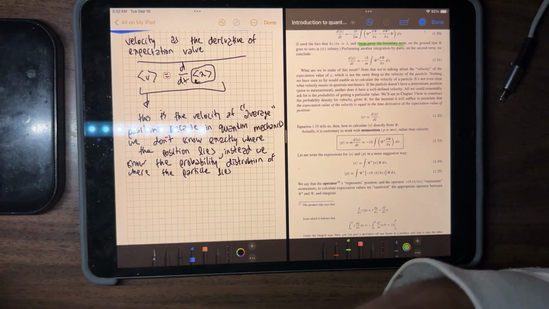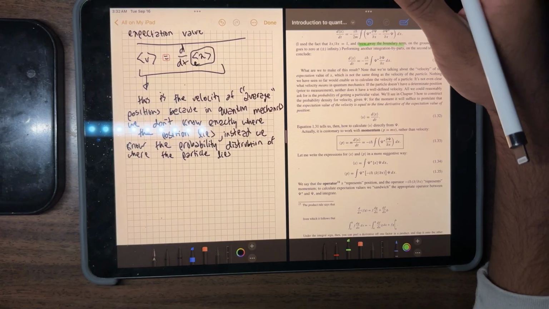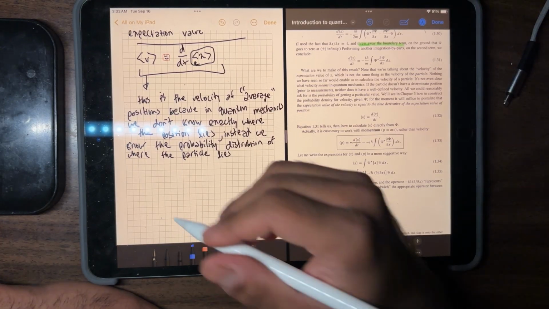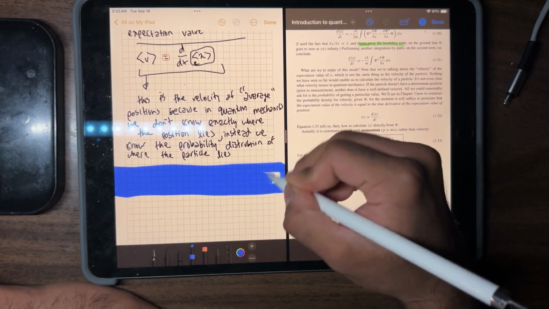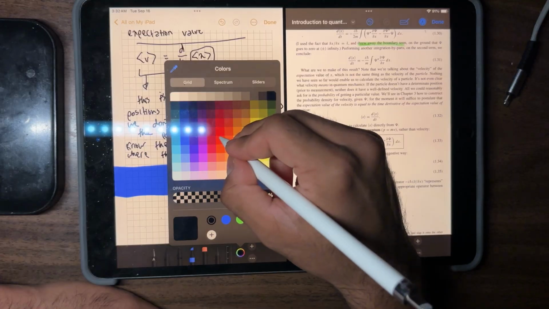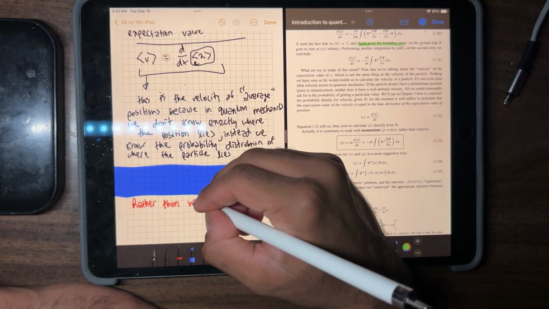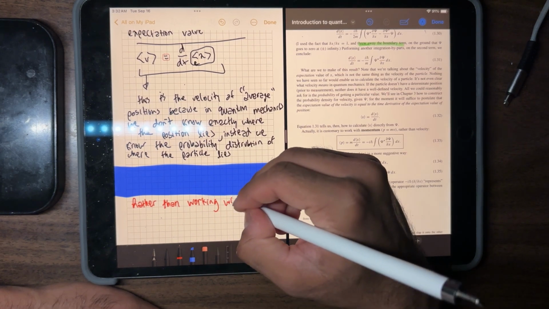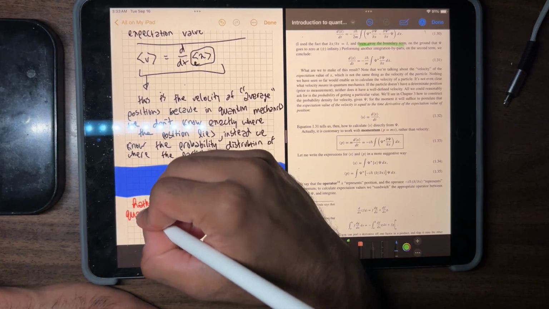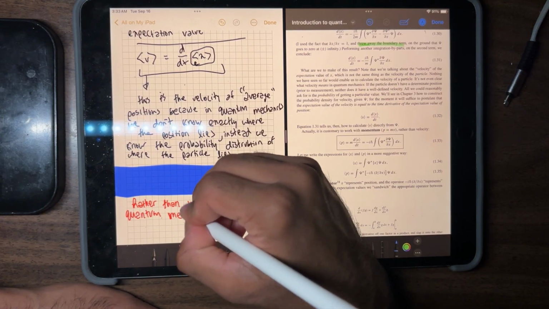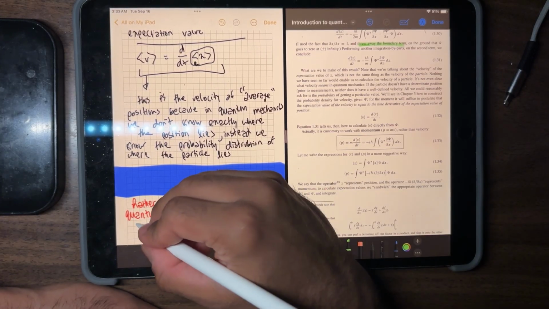Instead of velocity, quantum mechanics usually works with momentum. So rather than working with velocity, quantum mechanics works with momentum.